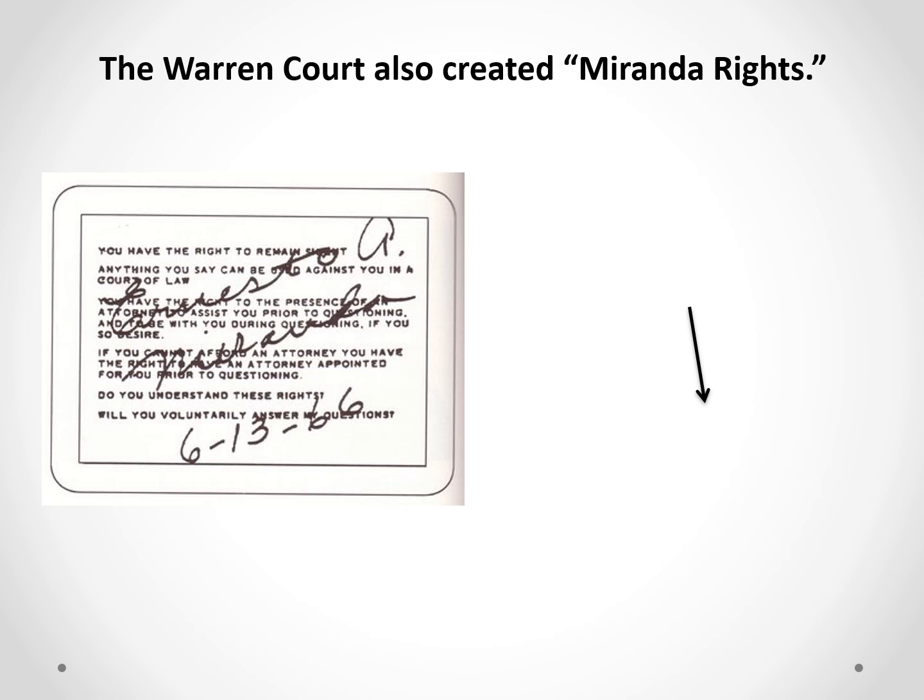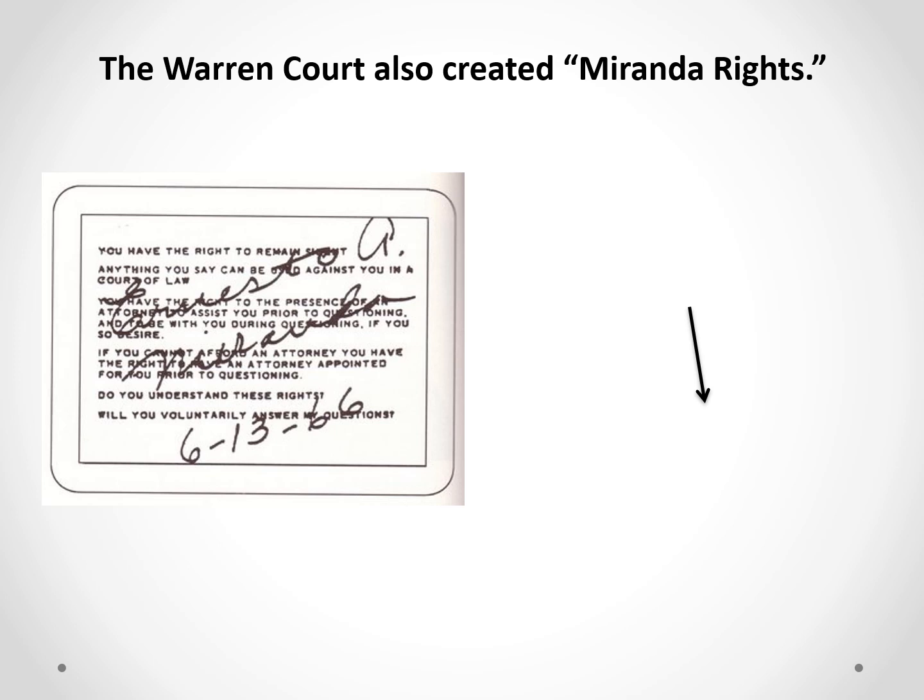Now, at no time did Miranda say, I want an attorney, and at no time did he say, I'm asserting my right to remain silent. Nonetheless, Miranda's counsel came up with a very creative argument. He said, my client did not know that he had the right to remain silent.